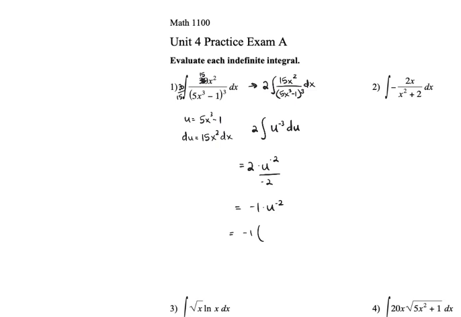So the u gets replaced then with 5x cubed minus 1 to the power of negative 2 plus c. And I'm fine if you keep it in that form. I mean, if you wanted to move the 5x cubed minus 1 back down to the denominator to give it a positive exponent, it would be negative 1 divided by 5x cubed minus 1 squared.